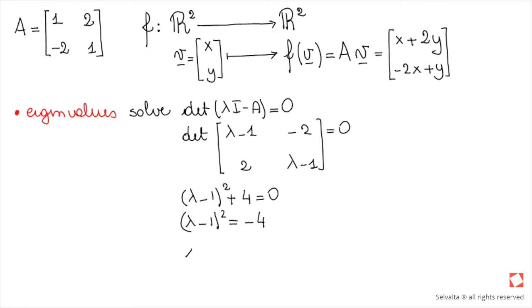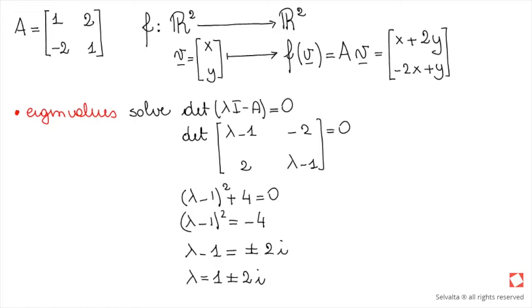We obtain lambda minus 1 equal plus and minus 2i, where i is the imaginary unit. We deduce two eigenvalues, 1 plus and minus 2i.